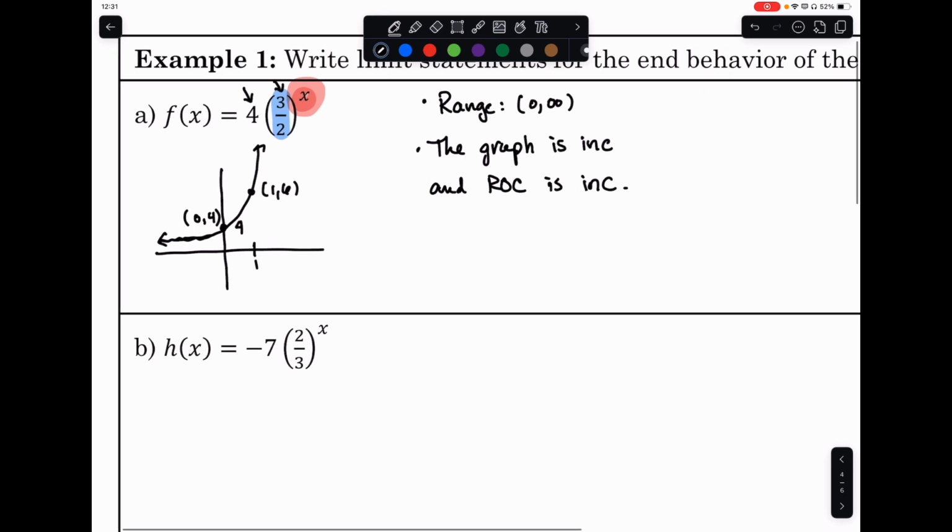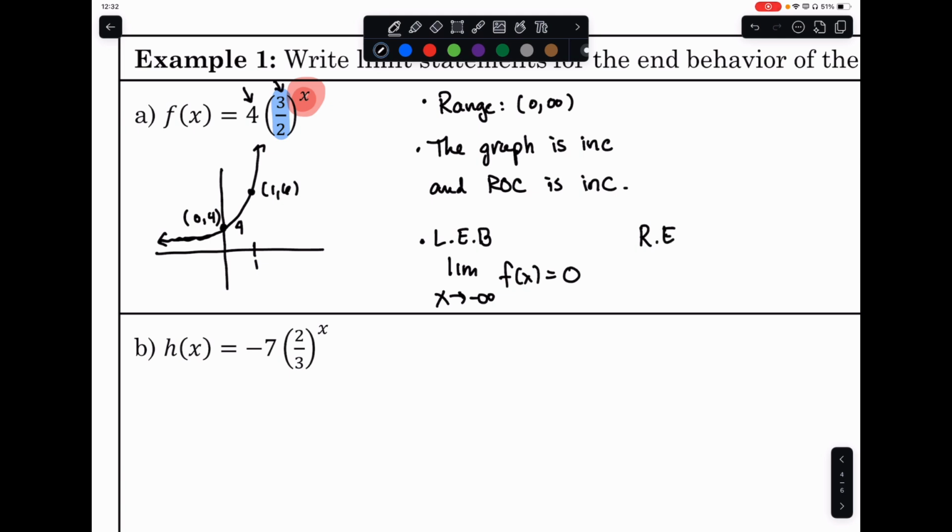And what about the limit behaviors? Well, the limit behavior of this function, let's discuss the left end first. The left end behavior is that as x approaches negative infinity, the y values of this function are approaching the horizontal asymptote.